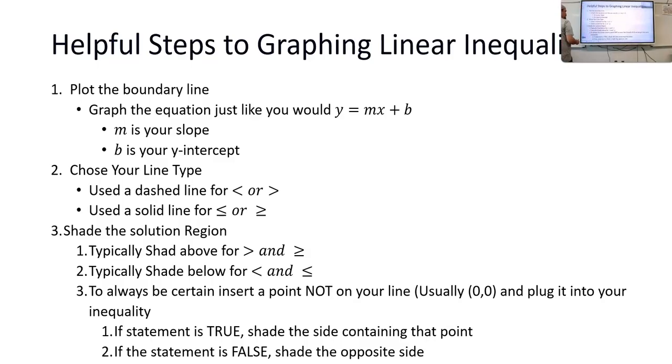I just really want to point out right here, to always be certain, insert a point not on your line, and plug it into your inequality. If the statement is true, you would shade wherever that point is on your graph. If it's not true, you would shade the opposite side of the graph.